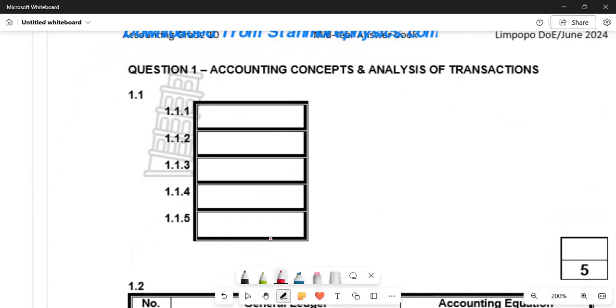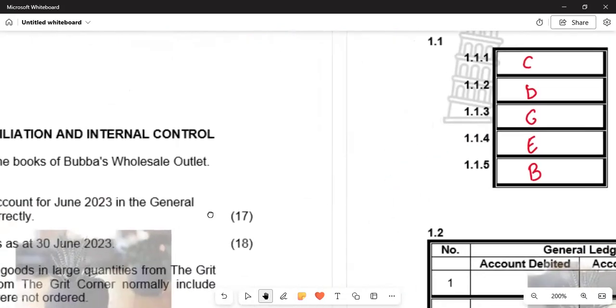As we have said, 1.1.1 the correct answer is C, 1.1.2 is D, 1.1.3 is G when we are talking about GAAP, 1.1.4 is E, and 1.1.5 is B. So this is how we were to answer Question 1.1.